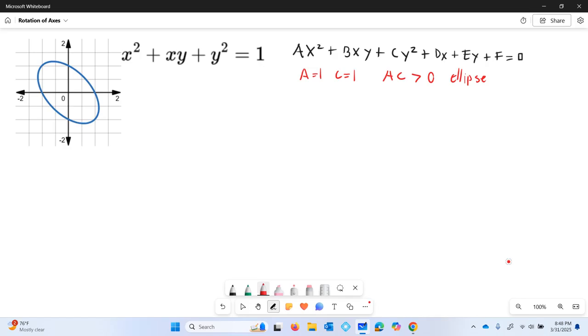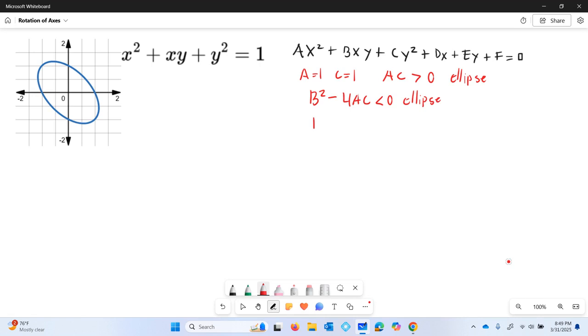But more specifically, the other way that we could tell that this is an ellipse is if we look at the discriminant, b squared minus 4ac. If this is less than 0, then similarly it's going to lead us to the same conclusion, that you have an ellipse.